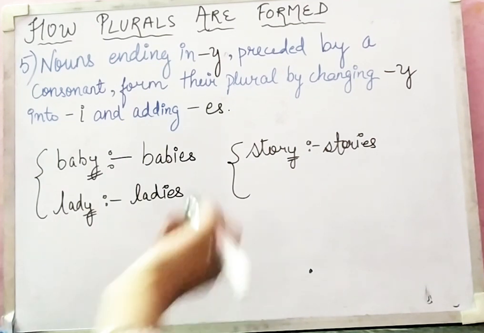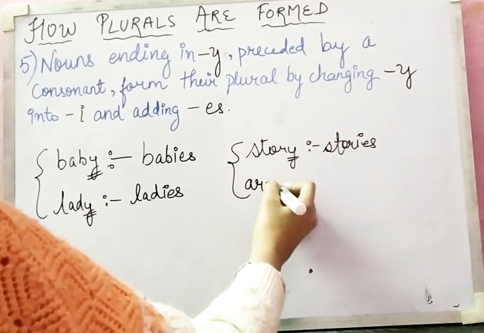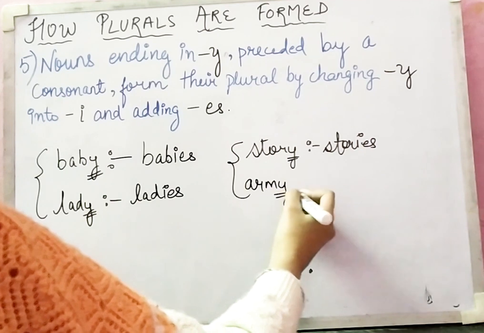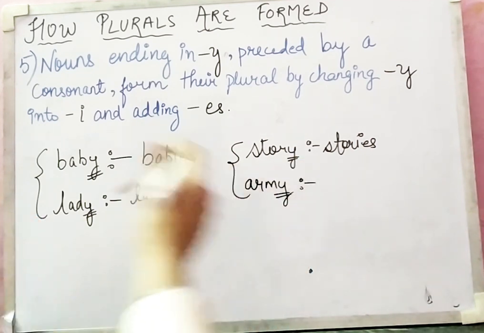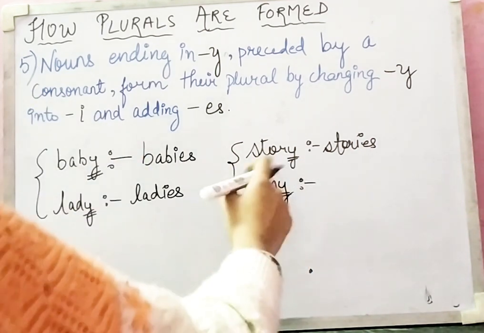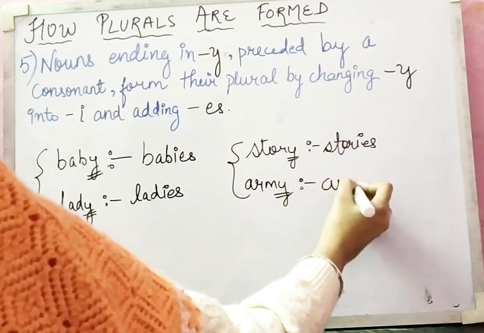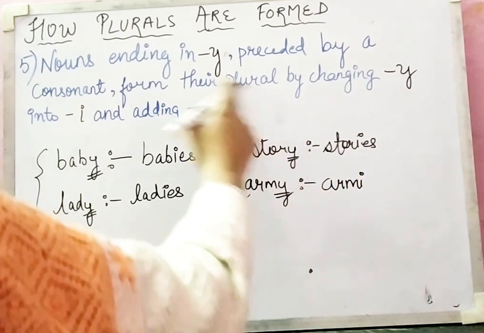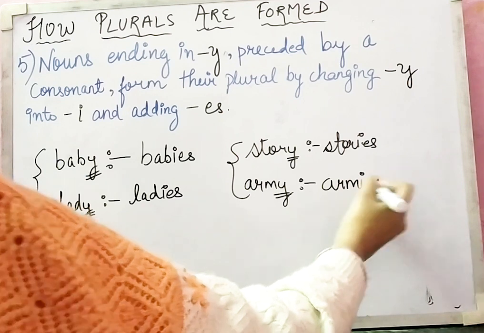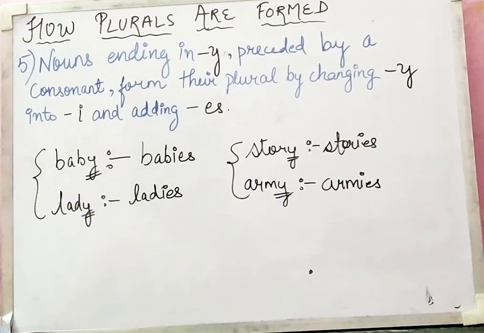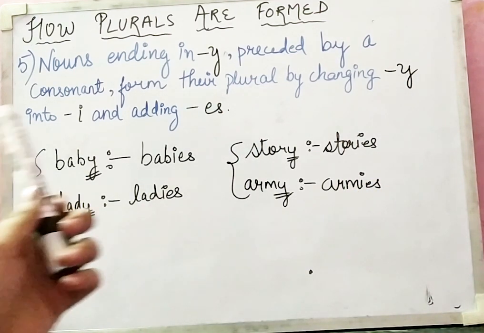Then you can take one more example like army. Army is the noun and y is the end of that noun. So y we have to replace by I and then we have to add es to that. So armies.